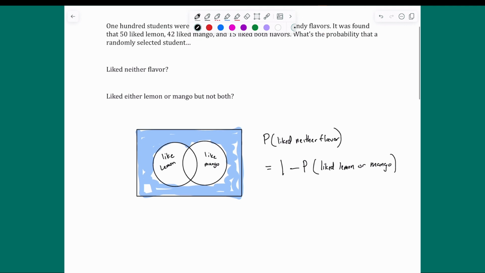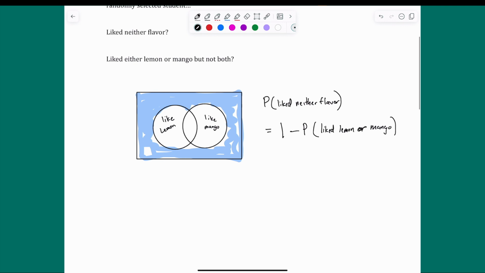Okay, and so that is an OR statement. So I'm going to calculate that inside some parentheses here because this is a union of two events, and we know that it's the probability that they liked lemon plus the probability they liked mango, minus the probability they liked both, where the overlap happens.